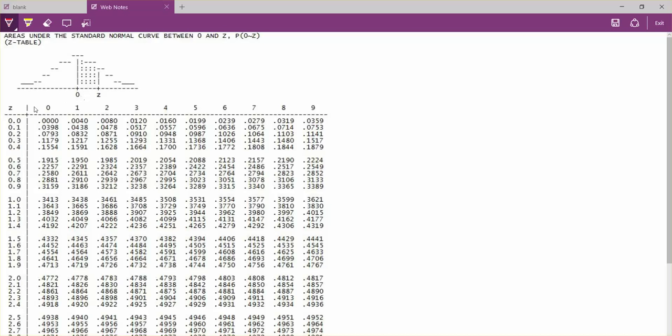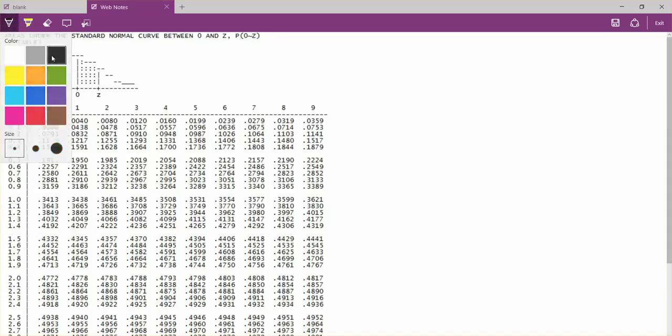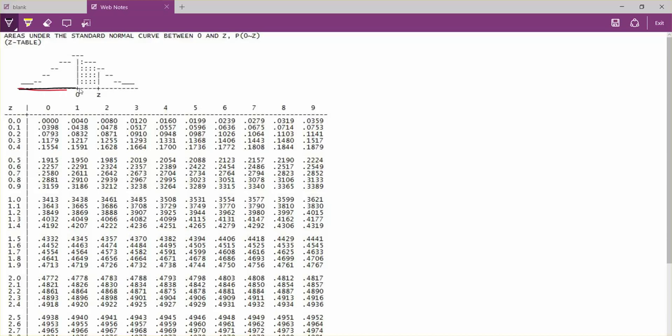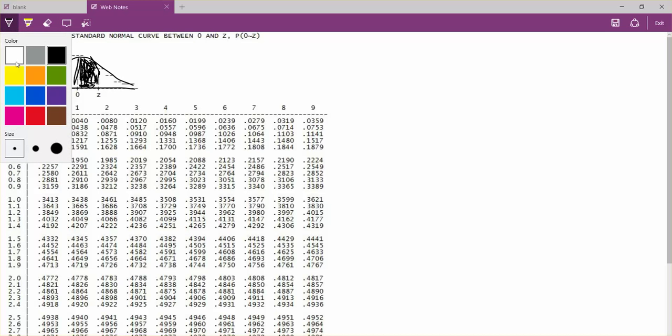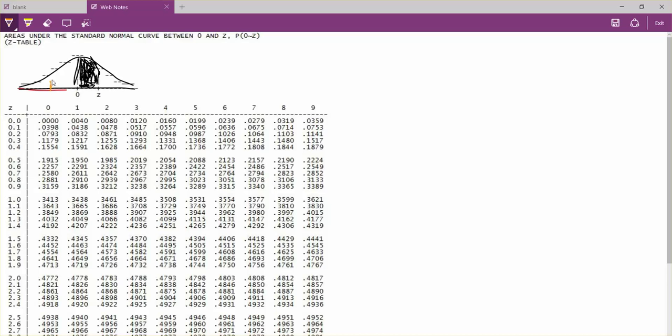And again, this is a symmetrical distribution, so whatever this black shaded area is, which is on the right side of the 0, so it's a positive number, is going to be identical to whatever this orange shaded area is, because this is a symmetrical distribution.